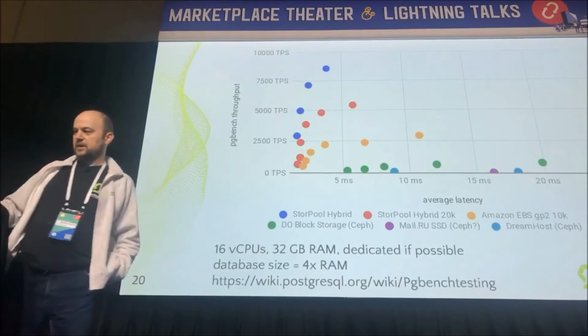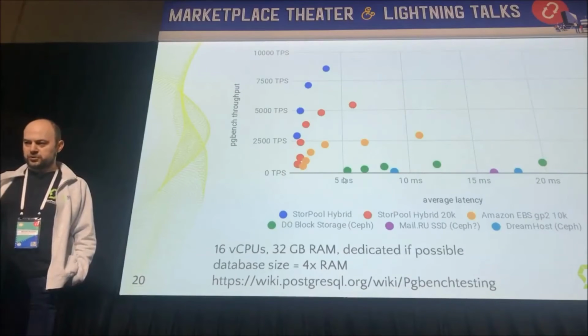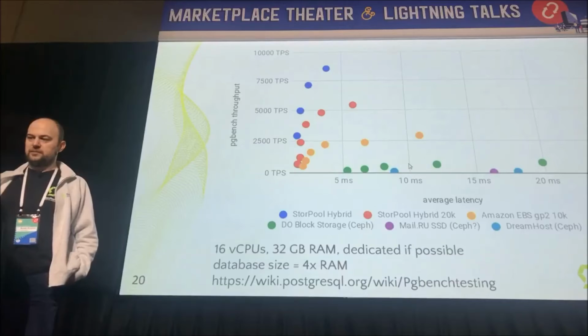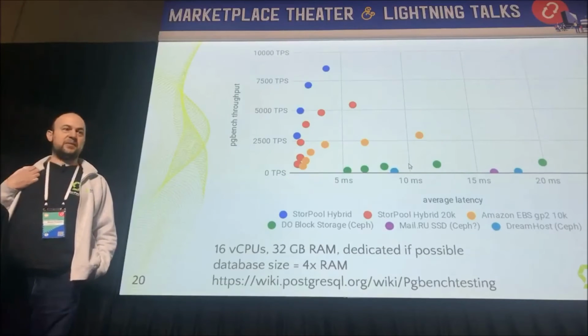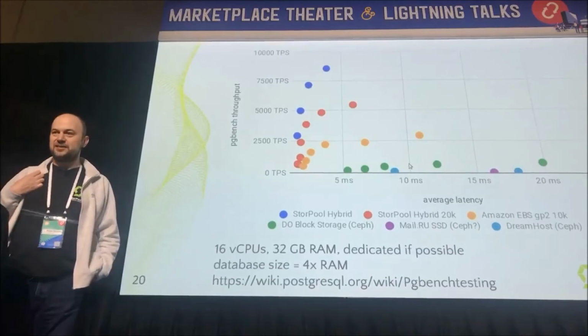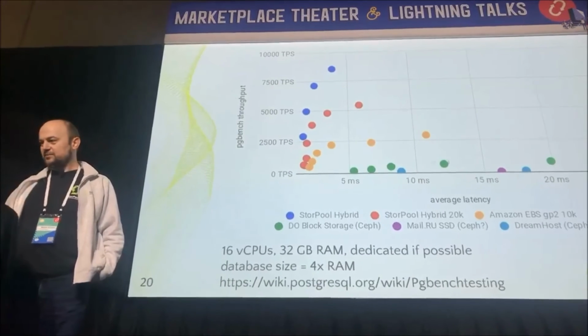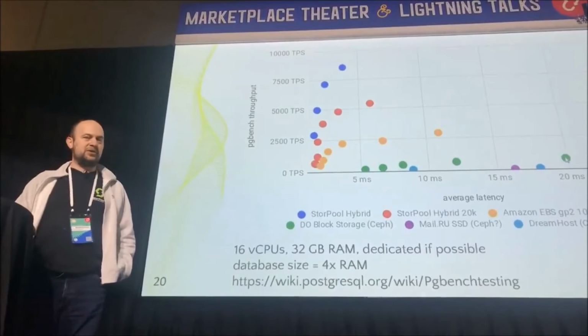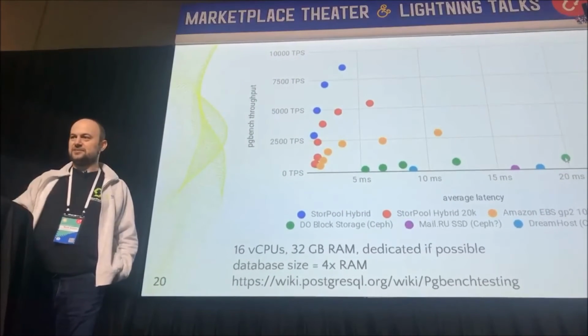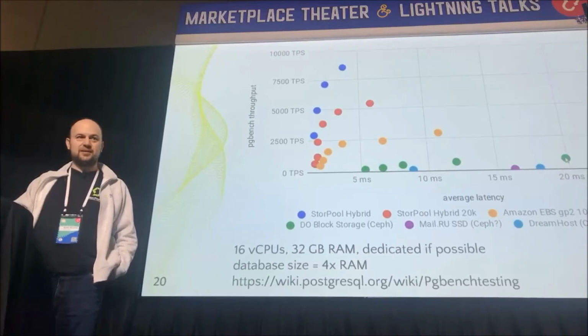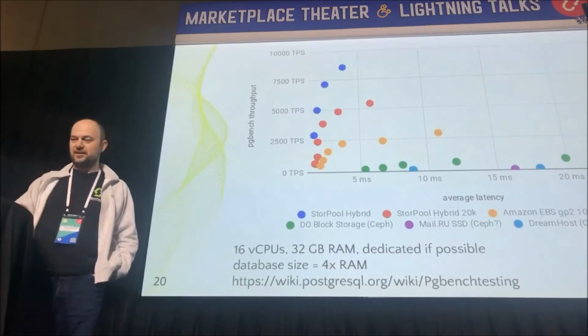On DigitalOcean block storage, which is Ceph-based, if you have an application that needs, say, 500 transactions per second in a transactional database, you may run that on DigitalOcean and you'll get like 20 milliseconds latency for your transactions, right?